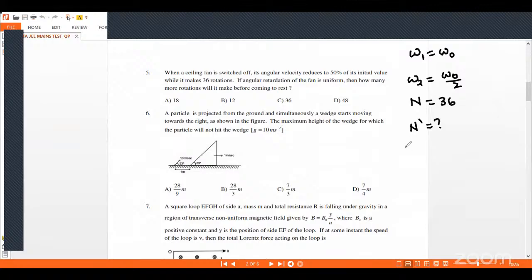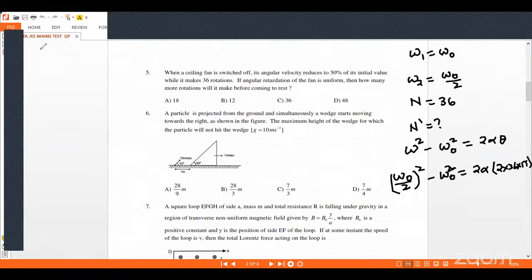Initially, we know that omega square minus omega naught square equals 2 alpha theta. That is, omega naught by 2 whole square minus omega naught square equals 2 alpha theta. They gave the 36 rotations, so theta equals 2 n pi, that is 2 into 36 into pi.